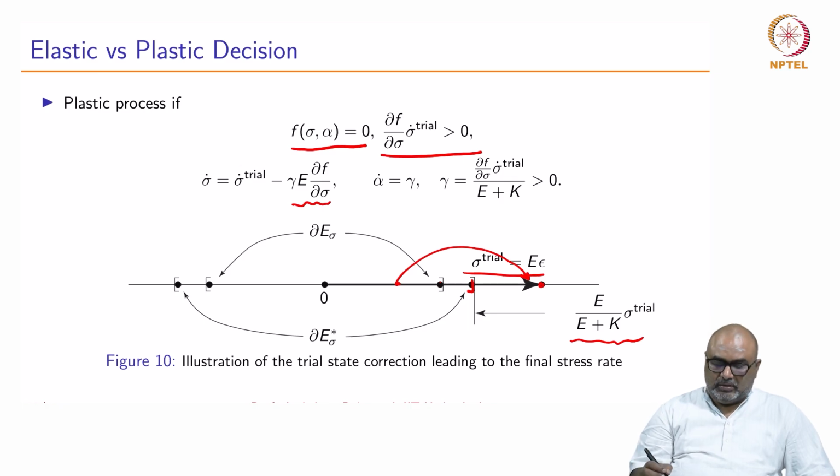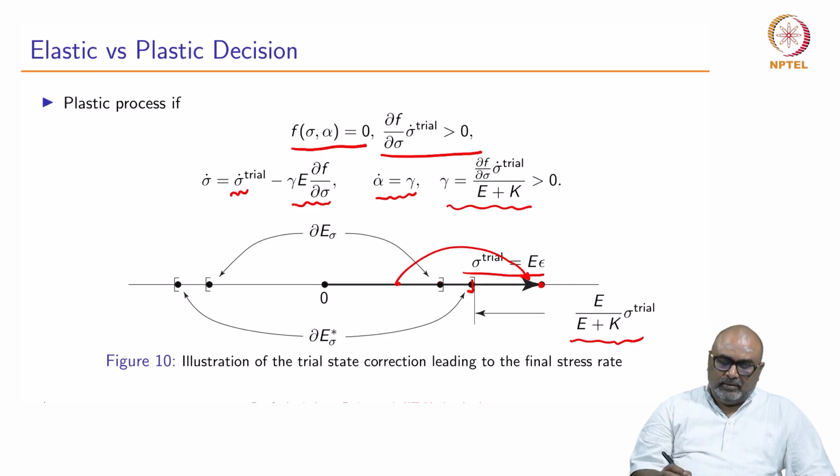So, sigma dot is going to be sigma dot trial minus gamma E ∂f/∂sigma, and alpha dot is equal to gamma, where gamma is defined by ∂f/∂sigma times sigma dot trial by E plus k must be greater than or equal to 0.